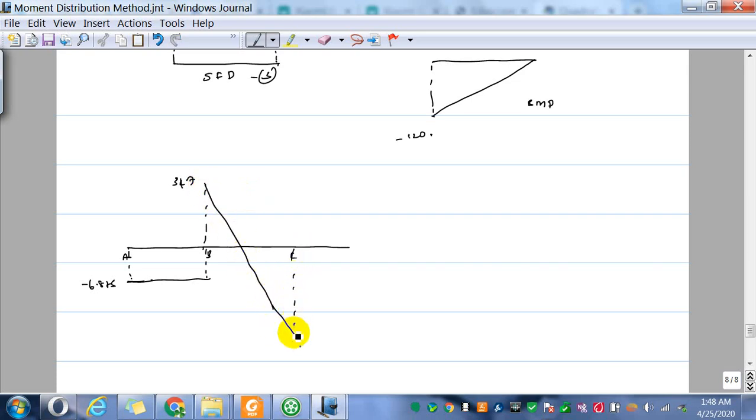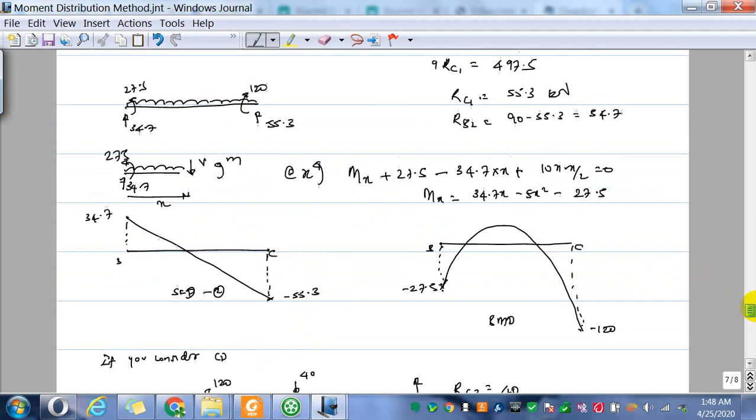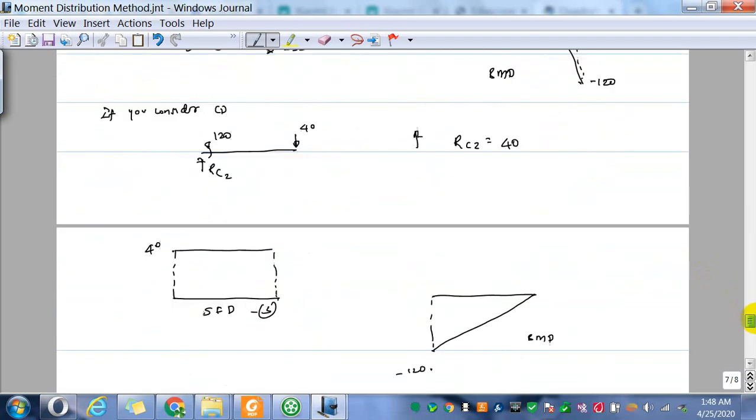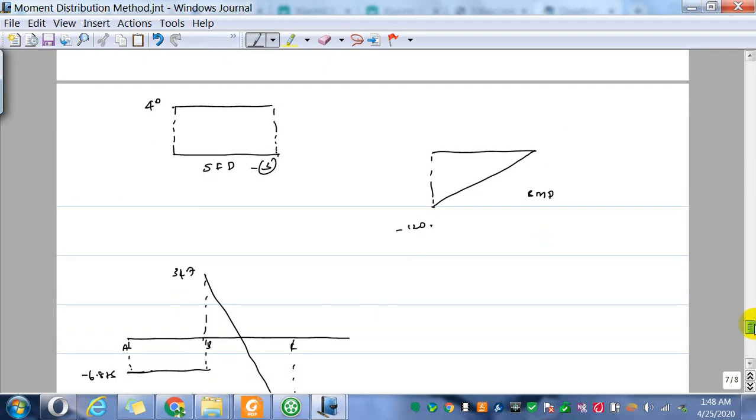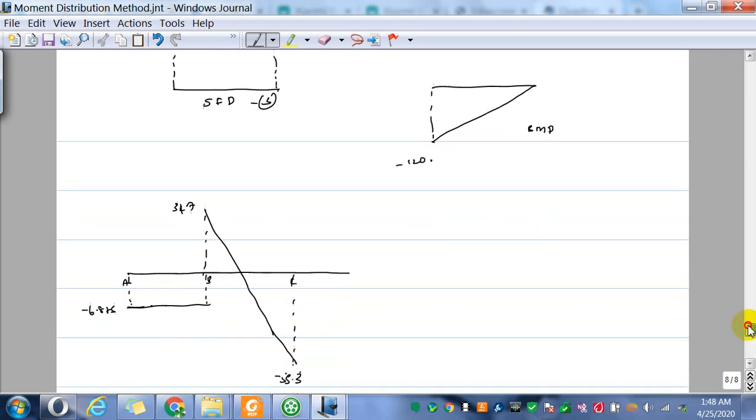That is between B and C. Then shear force diagram 3 is constant, 40.